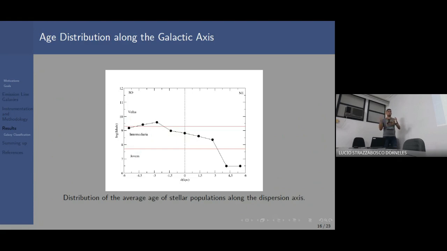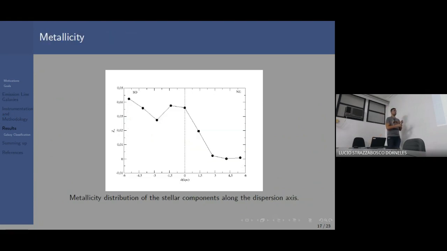That means that the interaction could trigger the birth of new stars, and that occurred some million years ago, and it produced a lot of old stars and is triggering more stars to be produced. Here we have the distribution of the metallicity, and we have a region with high metallicity near the interaction region that shows that we have a rich area near the interaction.